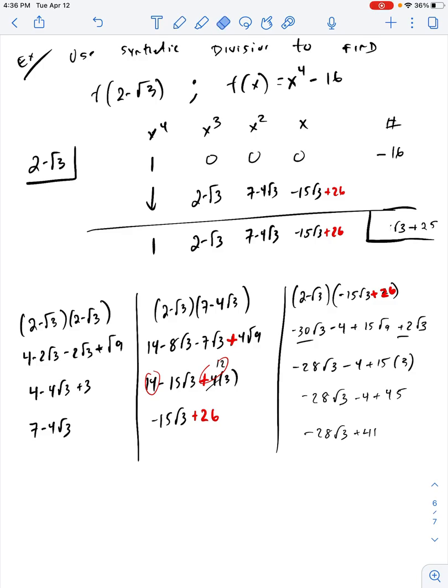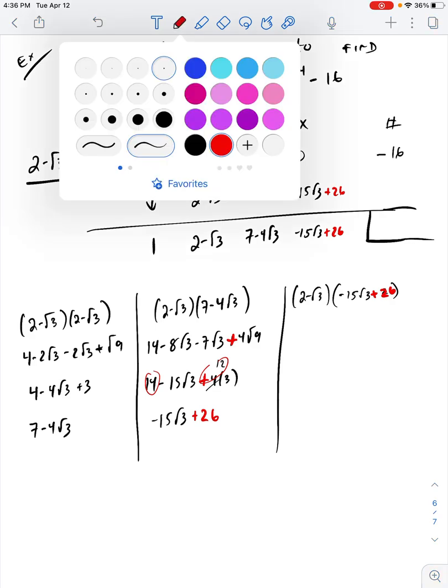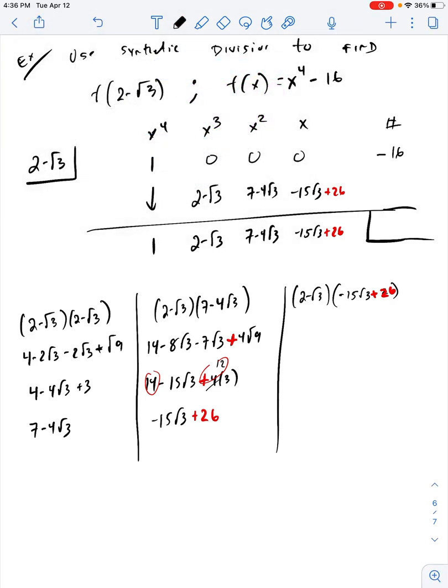So let's go back here and take a look. I have negative 30 square root of 3 plus 52.